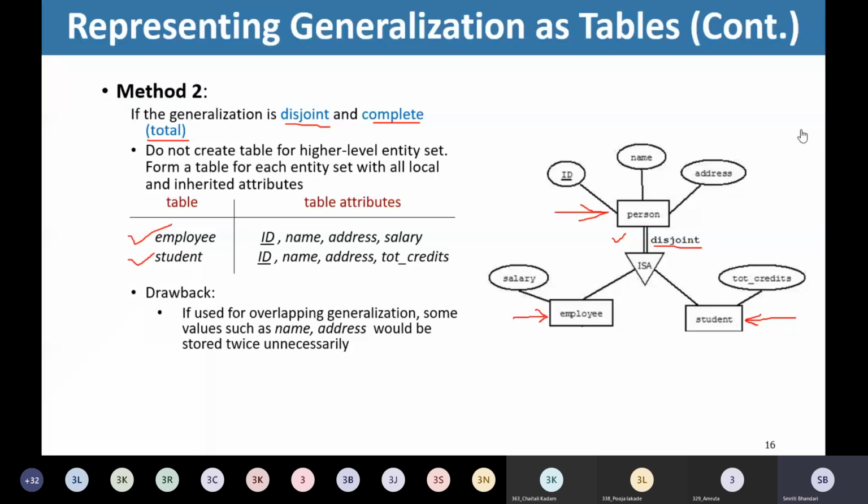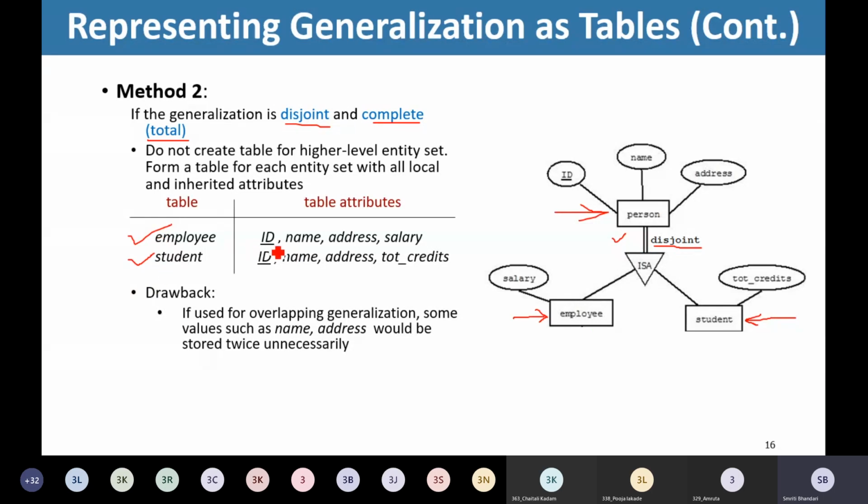Do you agree with me? If I use such a design for overlapping generalization, then I'll be storing some information more than once in 2 separate tables. One person is part of employee and that same person is part of student also.